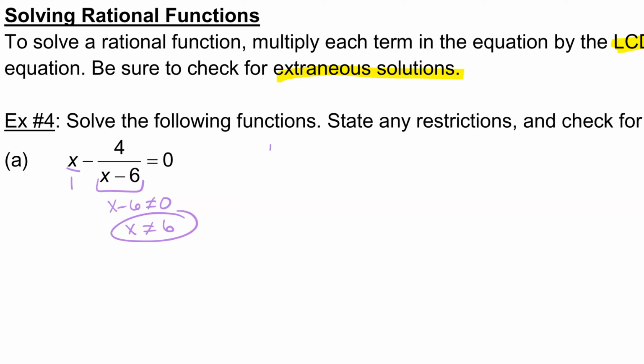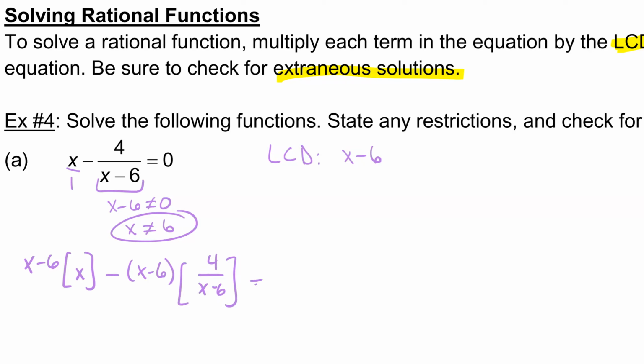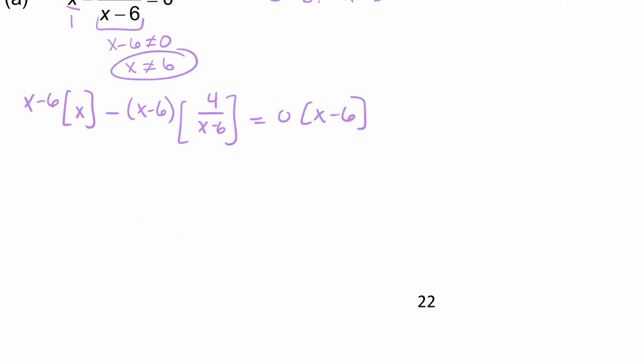X minus 6. Okay, least common denominator, x minus 6. So I'm going to multiply every single term by x minus 6. Guess what happens when I take 0 times x minus 6?